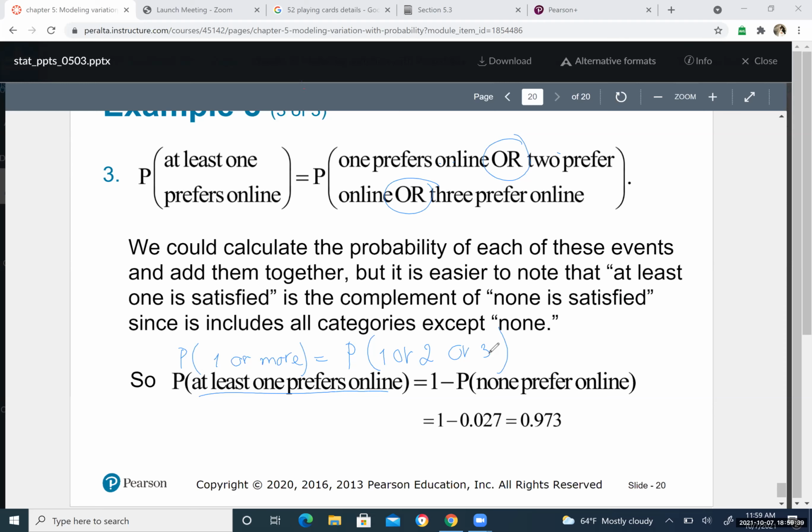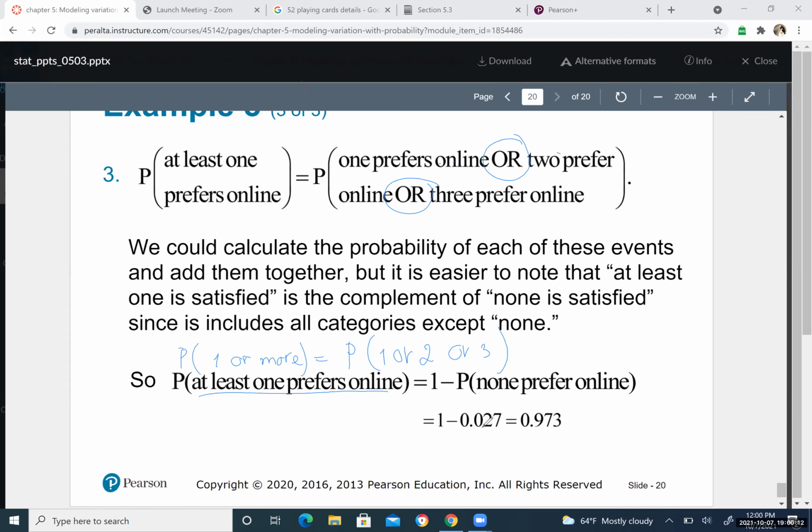And what we're going to do is, because if you take each one it's very long and difficult, the best way is, because we already know that 30% is non-preferred, you take 1, which represents 100%, the whole thing, and take away the probability of none preferring online. Then you have the value for 1 or more liking to shop online.